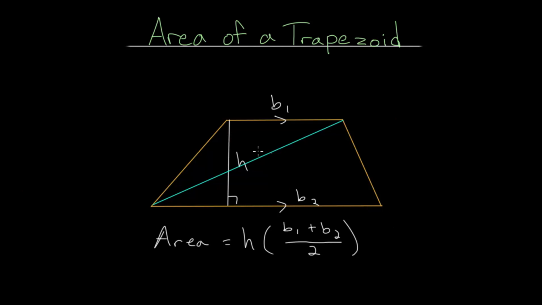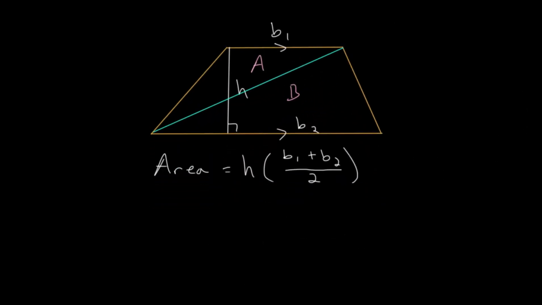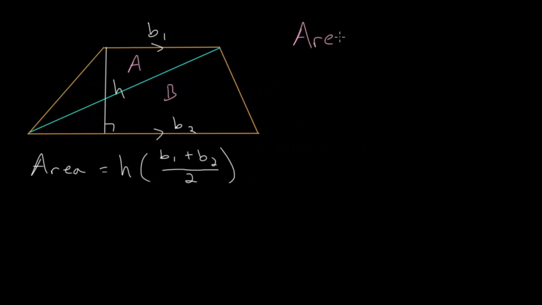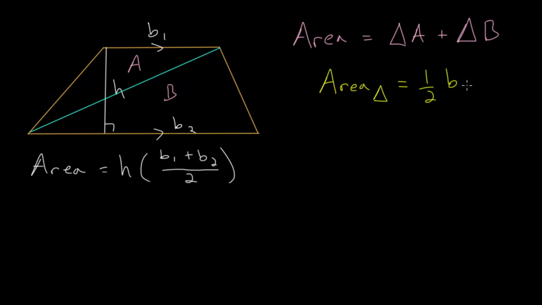So if we call this triangle A and this triangle B, then the area is just going to be the sum of these. So the area of our trapezoid will just be the area of triangle A plus the area of triangle B. And remember, the formula for the area of a triangle is just half the base of the triangle multiplied by the height of the triangle.